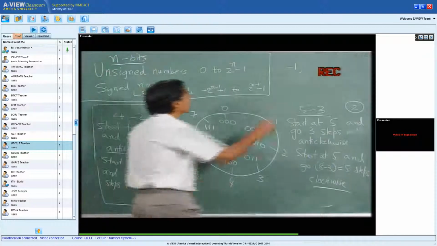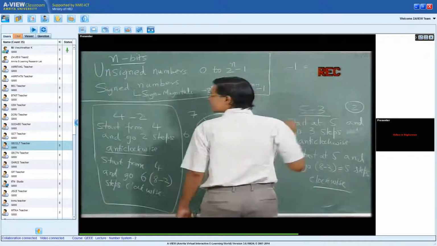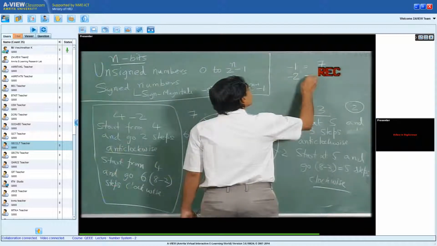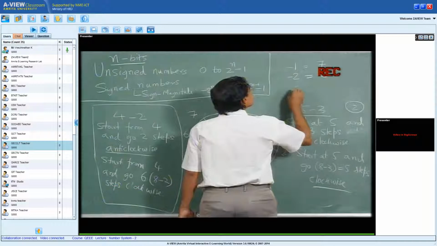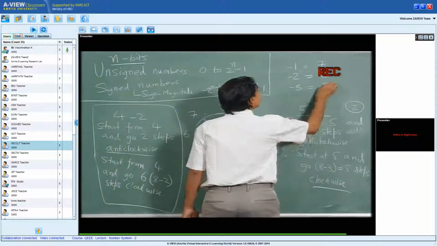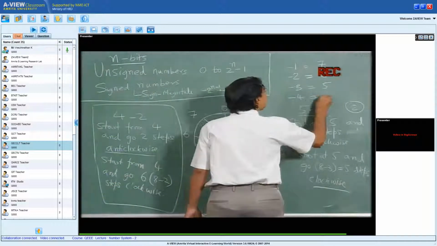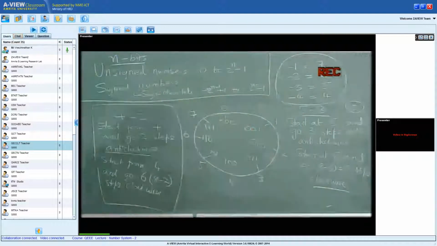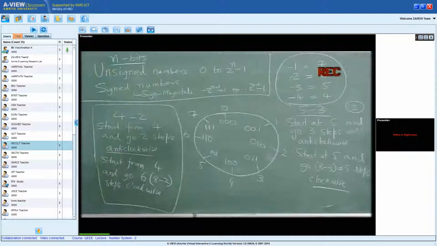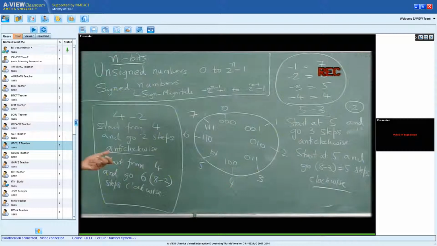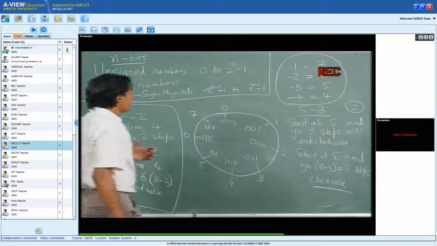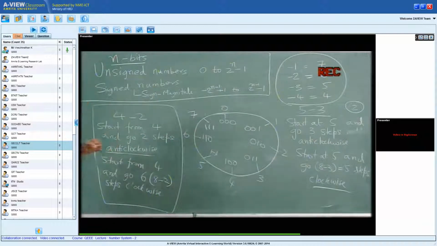So if minus 1 is actually modeled as 7, minus 2 as 6, minus 3 as 5, minus 4 as 4, everything could be handled as addition. Right? So let us go and look at this.